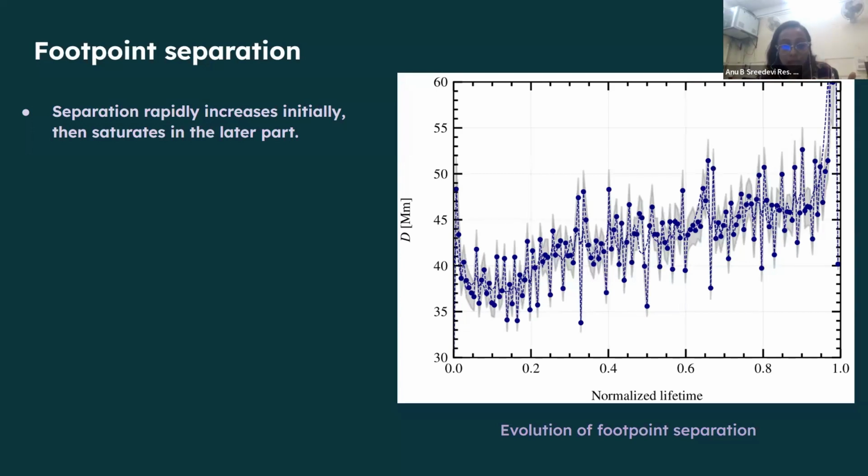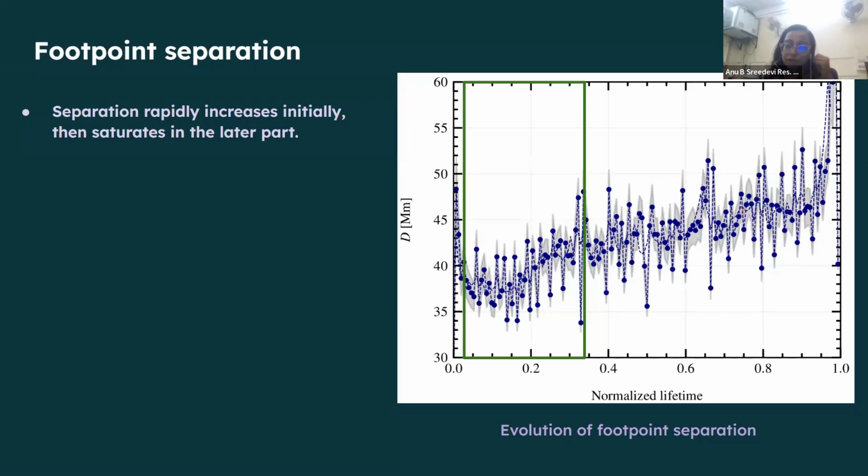I normalized the lifetime of all the BMRs to bring them onto the same footing. When we look at the normalized lifetime and the evolution of the foot point separation, what we see is that initially the foot point separation increases steadily, then there's a slow increase, and then it saturates. This agrees with our expectation.